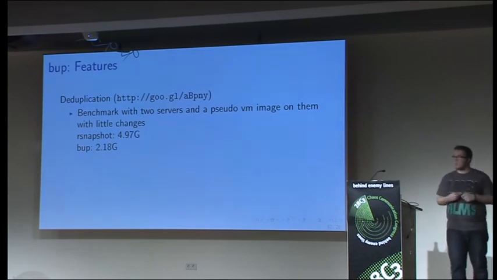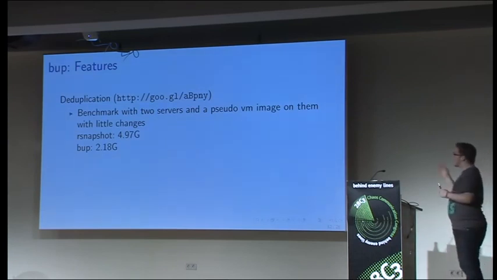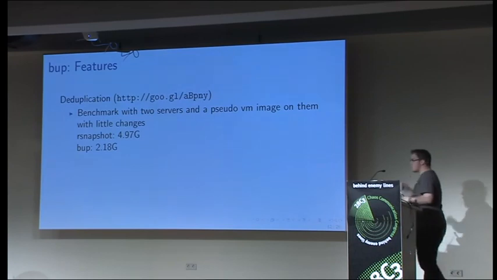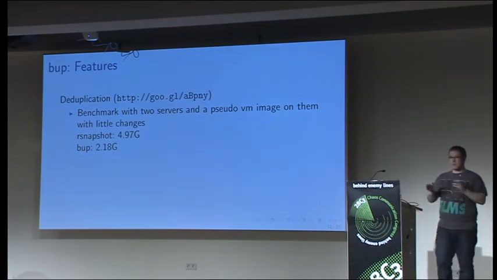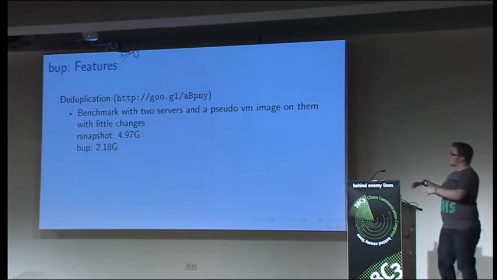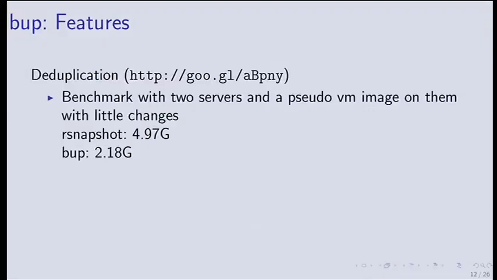Then I sat down and made a benchmark. I started two Amazon EC2 machines with Debian, put some random data there and changed a bit in it on both machines, did my backups, and you can read it on the thread. The rsnapshot backup had 4.97 gigs, BUP 2.18.